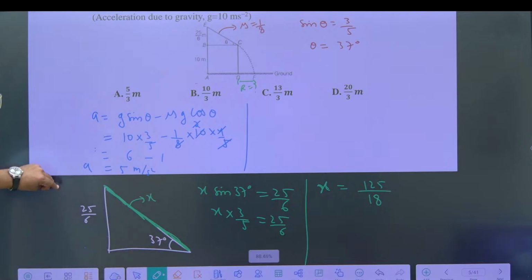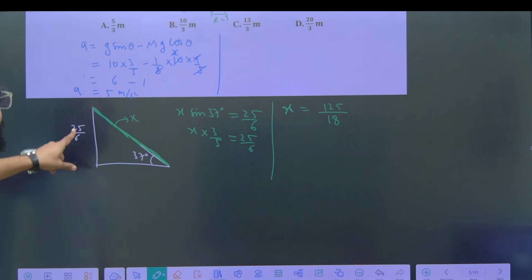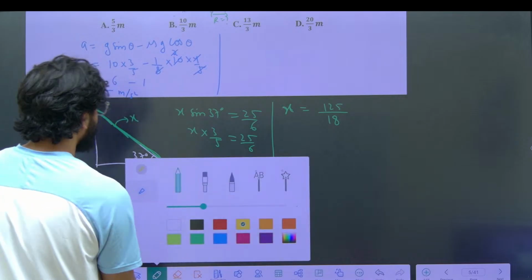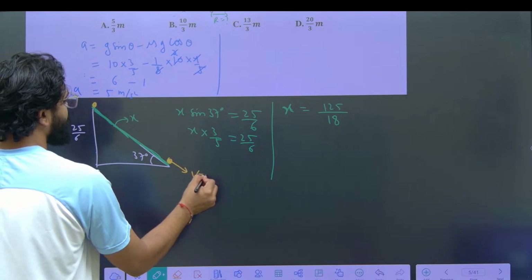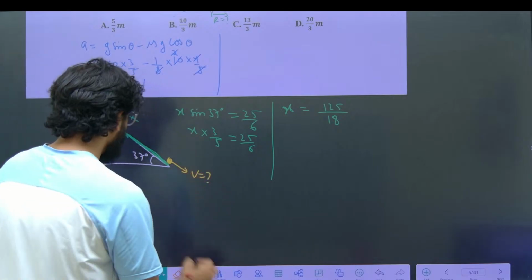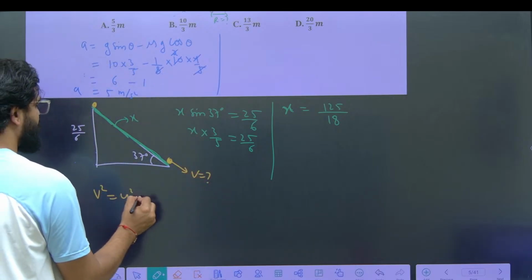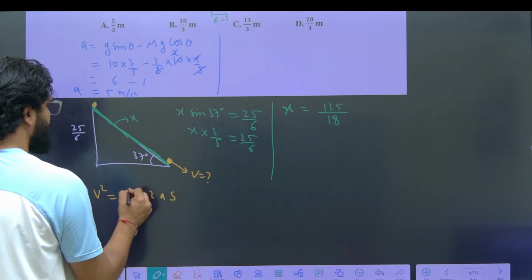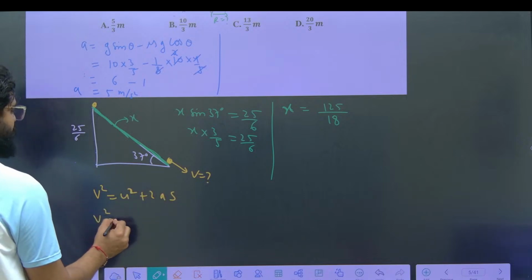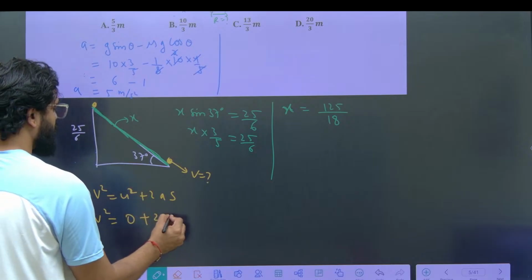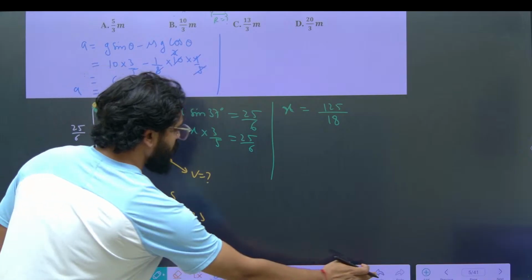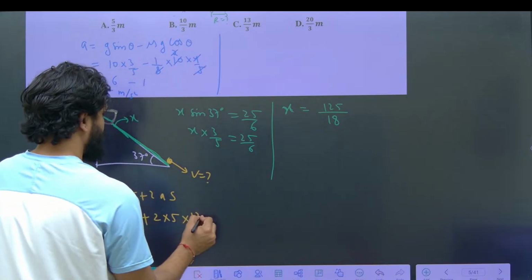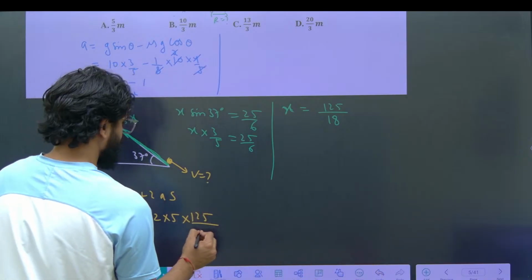Chaliye. So what will be the velocity when the particle slides from the topmost point to this point? Let's first calculate it. We can use v square equals u square plus 2as because acceleration is constant. Yes or no? So the final velocity we have to calculate. u is 0, so 2 into 5 into 125 by 18.